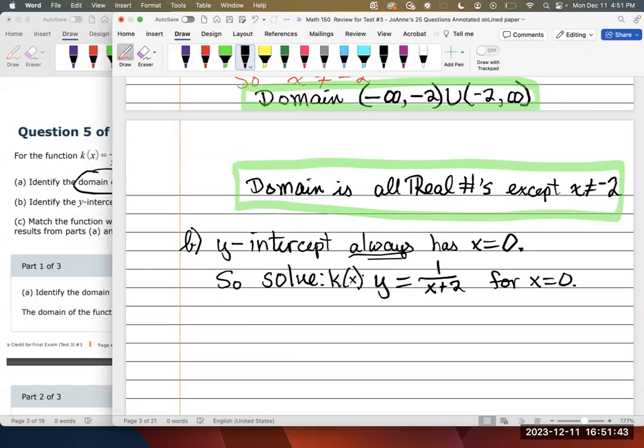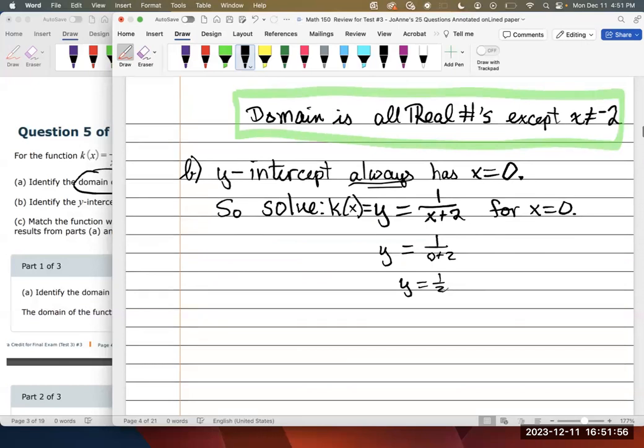Remember, k of x is the same thing as y. So here we go. 0 plus 2, no problem. So my y would be 1/2. So when x is 0 and y is 1/2, that is my y-intercept.